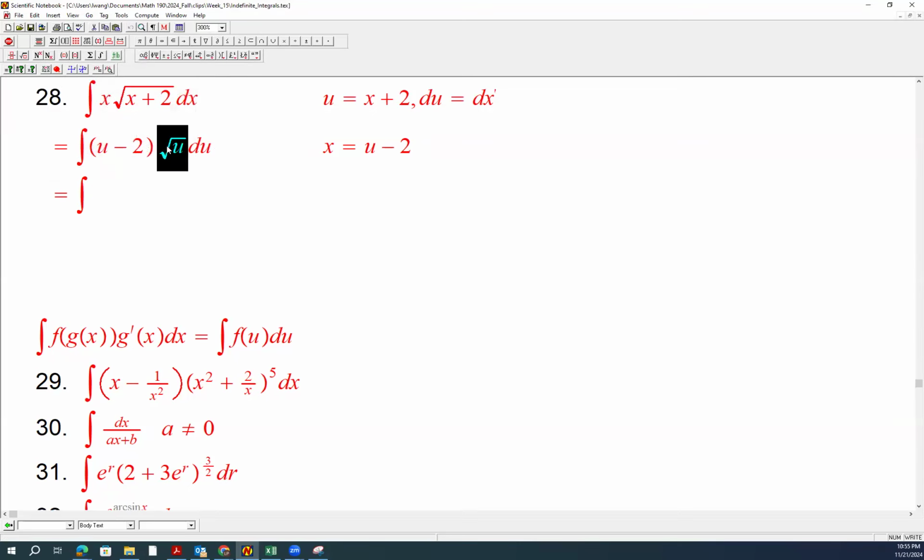We're going to take root u times u, so that's going to give us u raised to the power of 3/2 minus 2 times root u. That's u raised to the power of half. There you go. So we're just going to apply the power rule, and we're done.